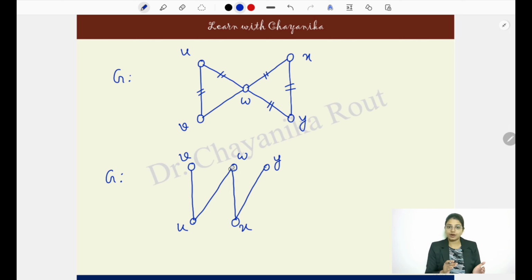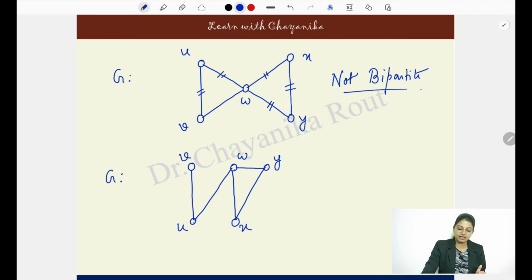Now for the edge YW we find both the vertices belong to the same level or same row. Now this cannot happen if the graph has to be bipartite. But here, because the edge WY is present in the graph, I am bound to draw this edge, and this particularly violates the definition of bipartite graph. So immediately we conclude the graph is not bipartite. Done. Okay.